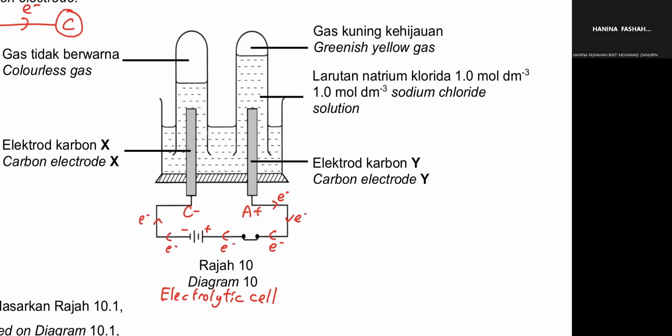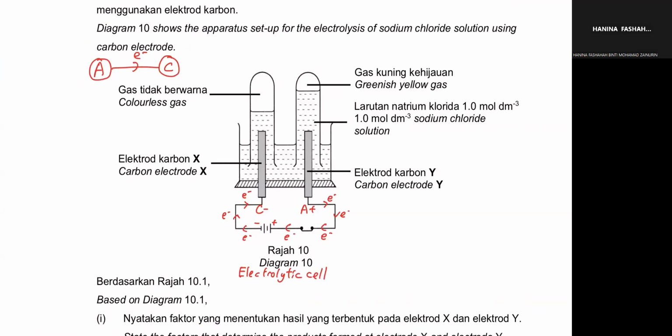If you don't remember positive or negative, you might think electrons go from positive to negative, not this way. It's better to remember A and C, because in a voltaic cell the polarity is not always the same, but electrons always flow from anode to cathode.